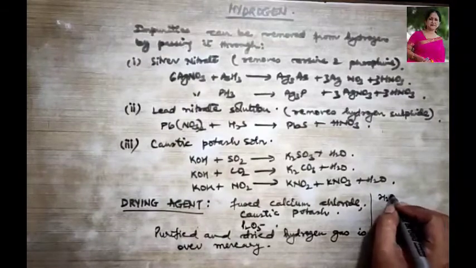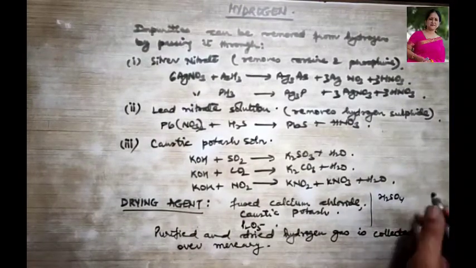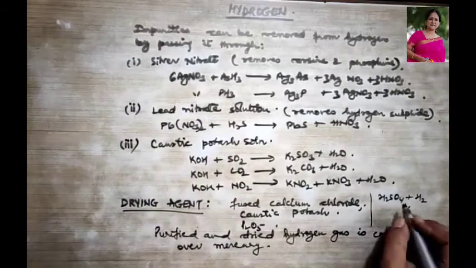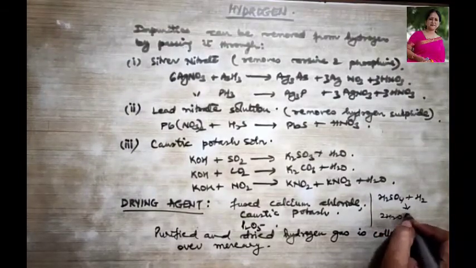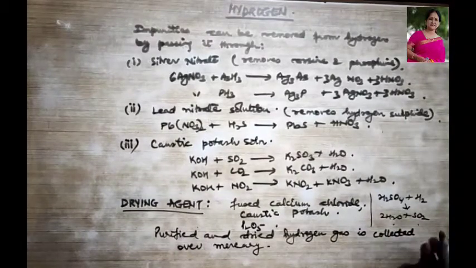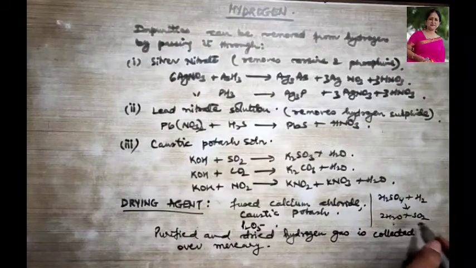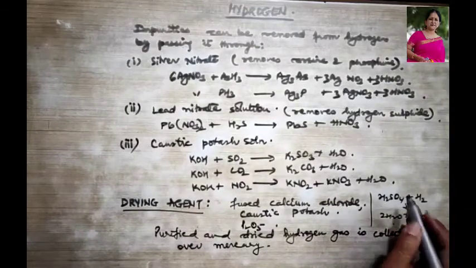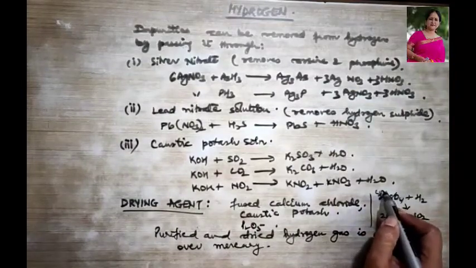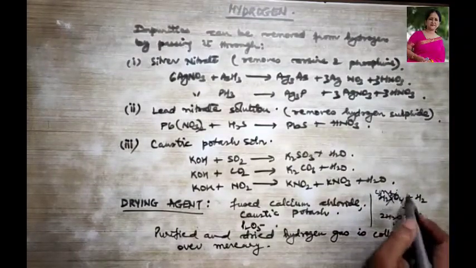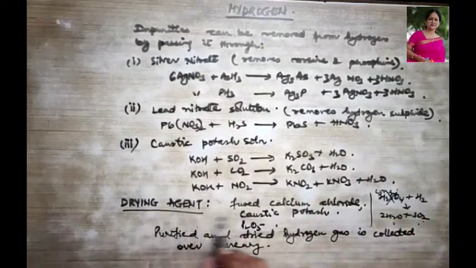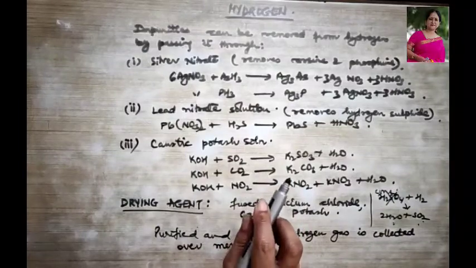If we use H2SO4 as the drying agent and hydrogen gas is passed through it, it will give us water and sulfur dioxide. So we do not obtain hydrogen. This defeats the purpose of collecting hydrogen, and therefore concentrated sulfuric acid is not used. It is a drying agent, but it is not used for drying moist hydrogen gas.